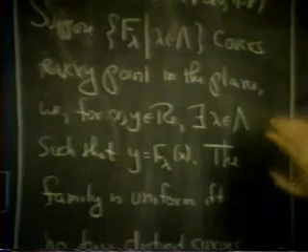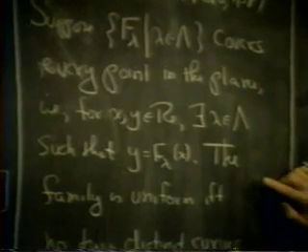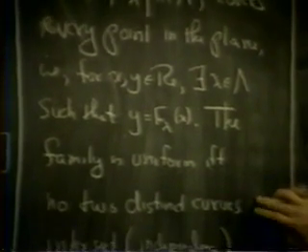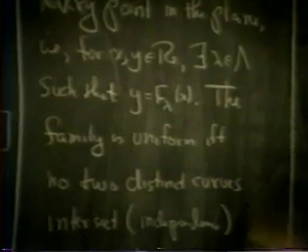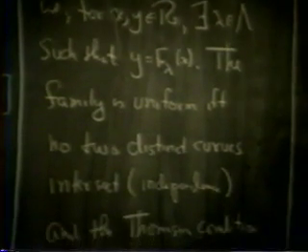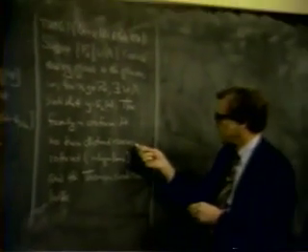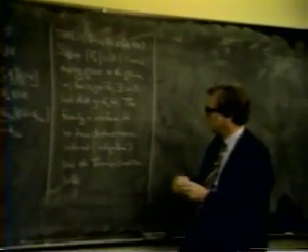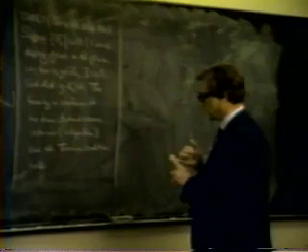The assertion is that that family is uniform if and only if no two distinct curves intersect and the Thompson condition holds. Now, you can see why this theorem is probably true, given what we know. It's clear that non-intersecting indifference curves corresponds to independence. That's one of the things we had to assume.